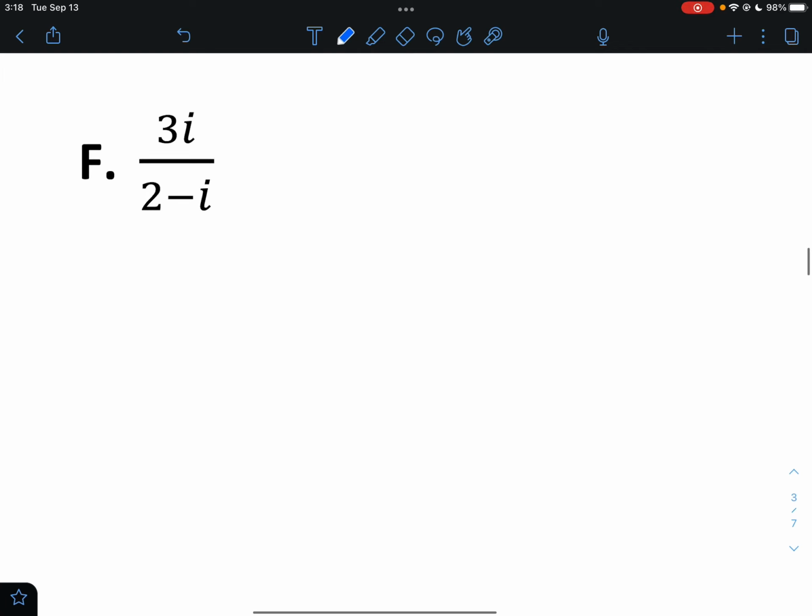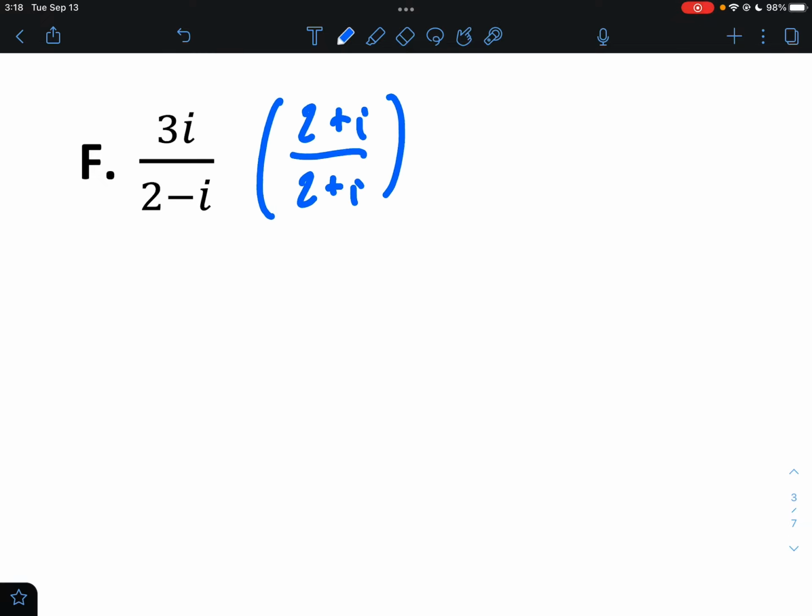F, simplifying this is a little bit different. So we haven't seen one like this yet. What we have to do is multiply by 1 to simplify this, but not just any form of 1. It has to be the conjugate of the denominator over itself. So that's 1. In the numerator, if we multiply that out, we would get 6i plus 3i squared.